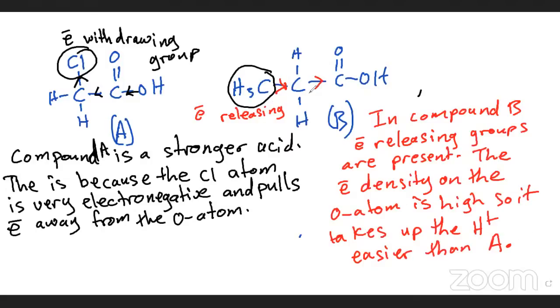So this compound will take up the hydrogen easier than this one for a simple reason: this compound has an electron releasing group and this one has an electron withdrawing group. Is that clear? Yes, sir. All right.